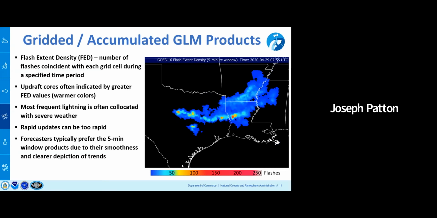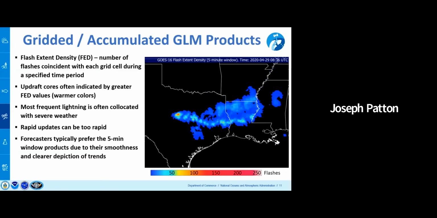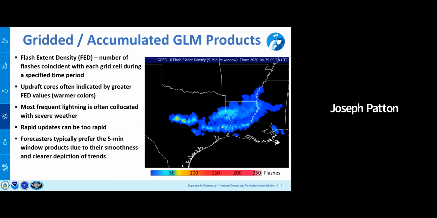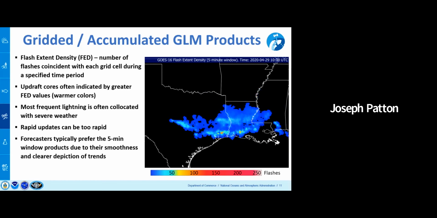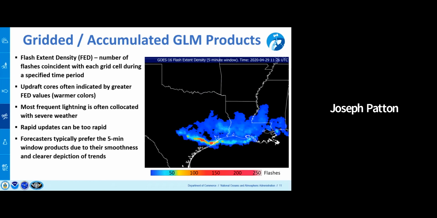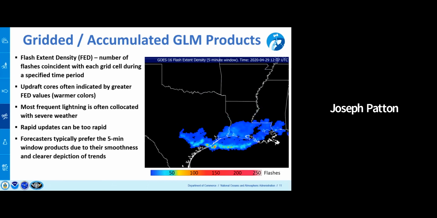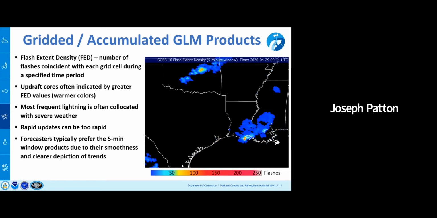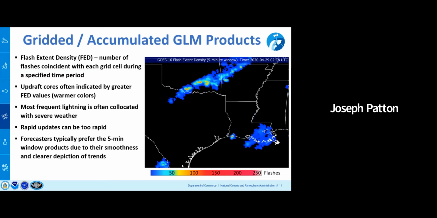And in each image, you're seeing a 5-minute accumulation of all of the lightning strikes. And the warmer colors indicate more flashes occurring in that window, and the blue or lighter colors indicate fewer flashes happening in that window. And you can see that there are portions of this mesoscale convective system where there is much more lightning activity than others.